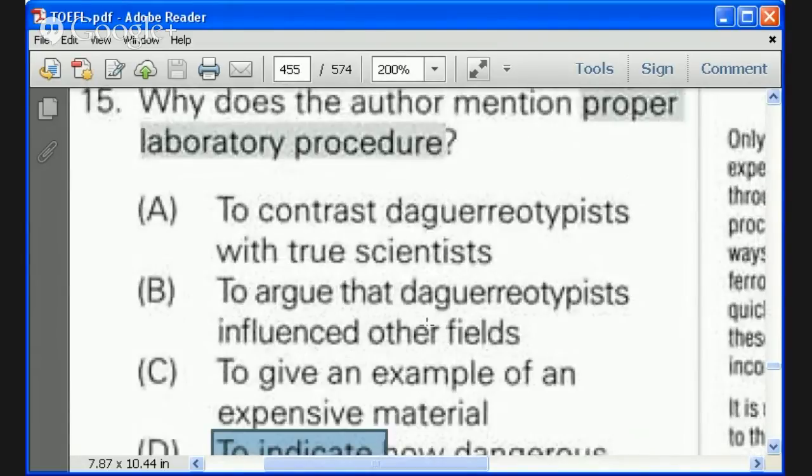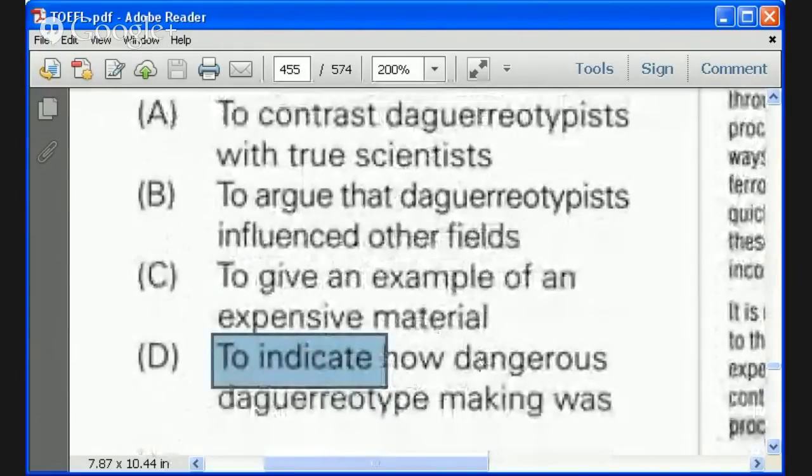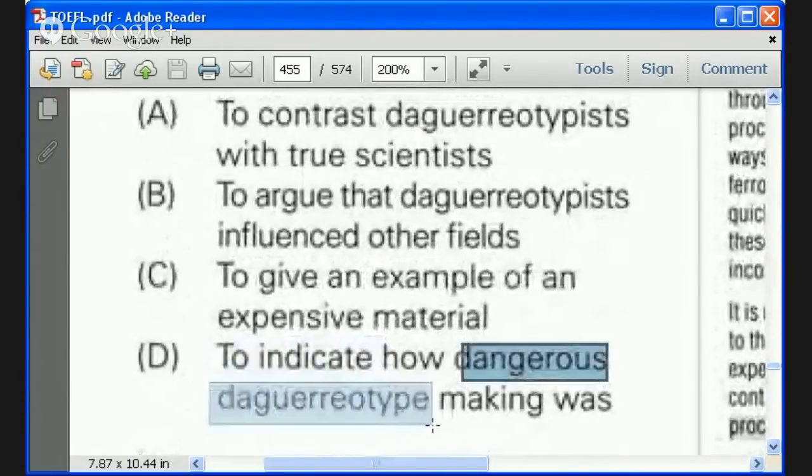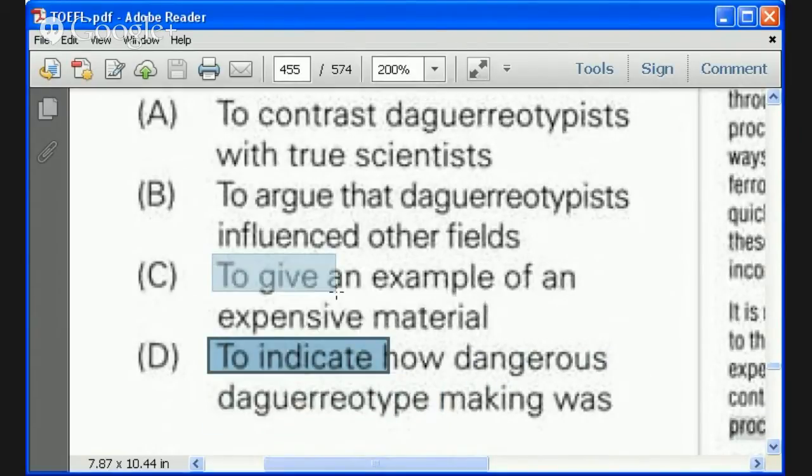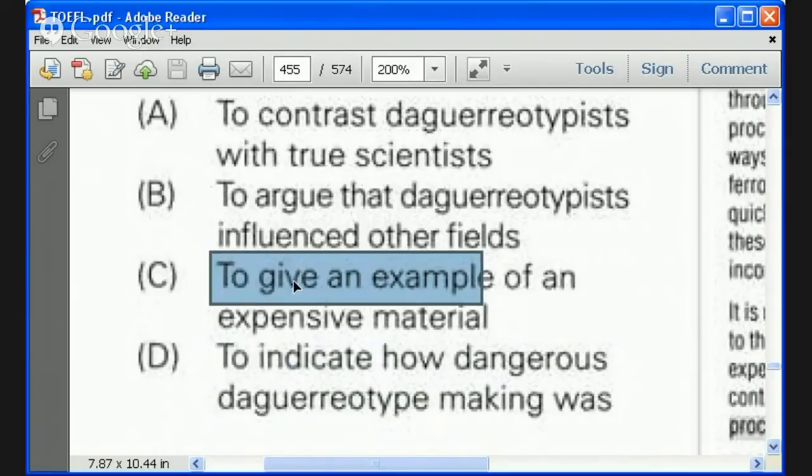Again, this is a fairly easy example because they make it obvious by giving 4 different pieces of information, 4 different verbs to indicate purpose. You will run into this question where it will say to give an example of, and another one to give an example of something else, and maybe the other two to indicate one thing to indicate another thing.